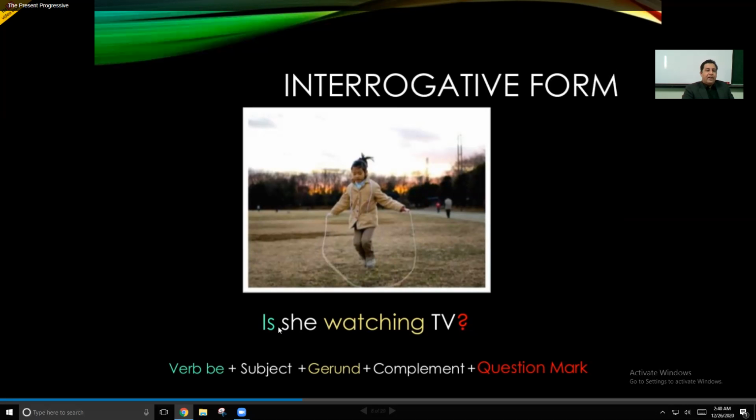So when you are having an indicative question, you'll start with the to be verb like is, and then you'll put your subject, then your main verb ing form, and then a complement to give complete sense of the meaning, and then you'll have a question mark in order to show that this is a question.